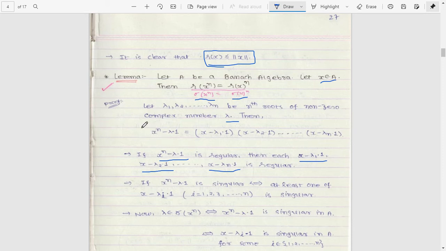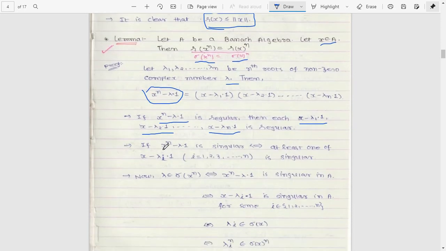If x raised to n minus lambda into 1 is regular, then all its factors are regular. x raised to n minus lambda into 1 is singular if and only if at least one of them is singular.